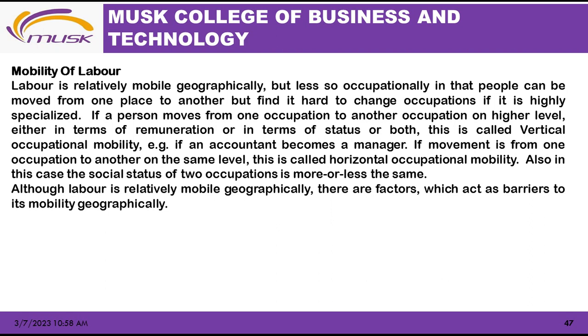And where people are able to move from one occupation to another at the same level, we say that kind of movement is horizontal occupational mobility. So it is important to understand the mobility aspect, and this is a very examinable area that we need to understand.